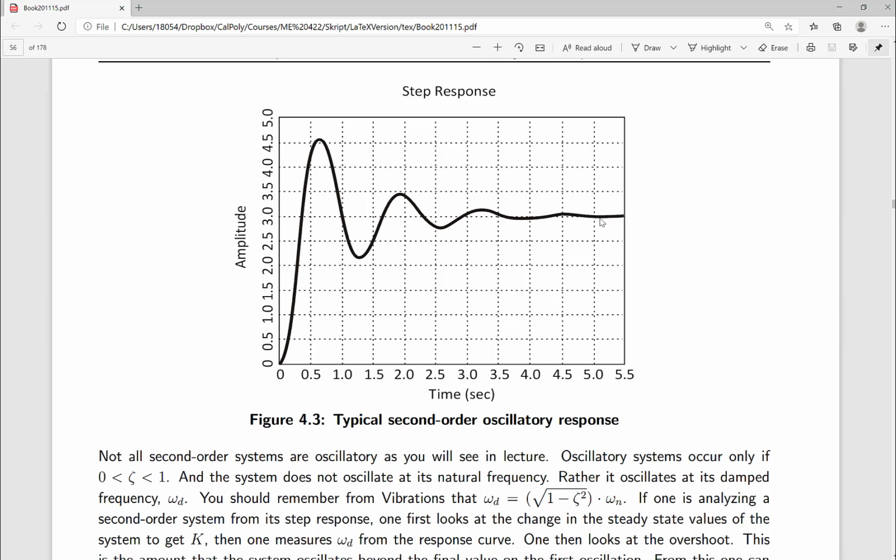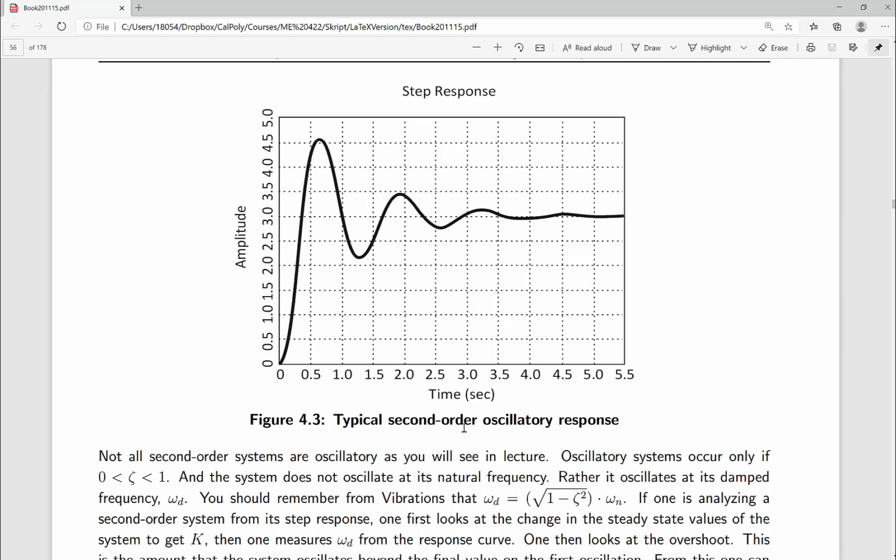The other two parameters, omega n and zeta, we'll start talking about now. Omega n is actually not the frequency of vibration of this system. This system is damped, and therefore what we see here is what's called a damped frequency. That's the frequency at which the system oscillates.